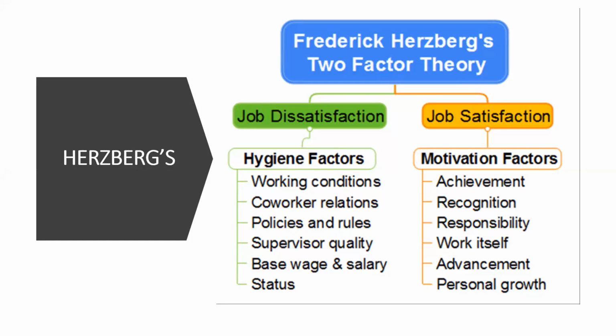And you have what you call motivational factors. Now, working conditions, co-workers' relations, policies and rules, supervisors' quality, wage and salary, and even status, all of that are hygiene factors. They are good to keep people there.